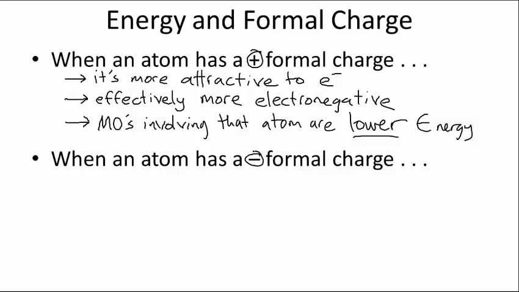And so what do you think we can say when it has a negative formal charge? Exactly the opposite. It's less attractive to electrons. It's less electronegative. So the MOs would have higher energy.